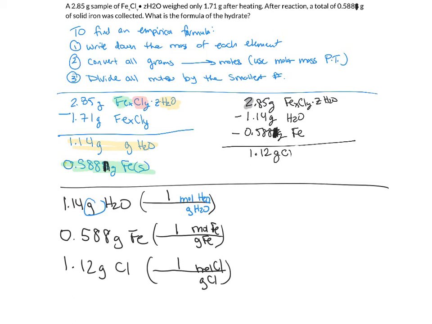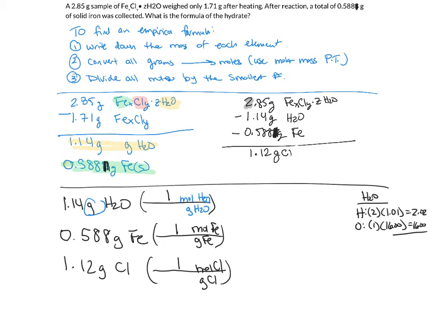To get the molar mass of water, I know for H2O, I've got hydrogen and I've got oxygen. I've got 2 hydrogens. The mass of each is 1.01. For oxygen, I have 1 mass of 16.00 from the periodic table.